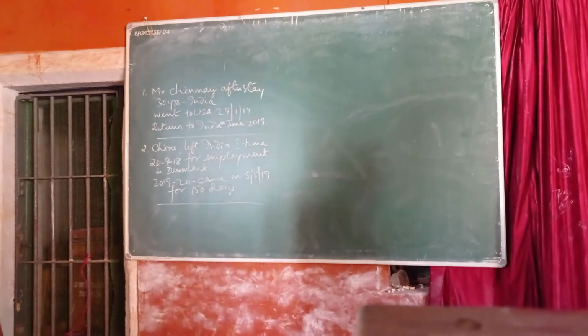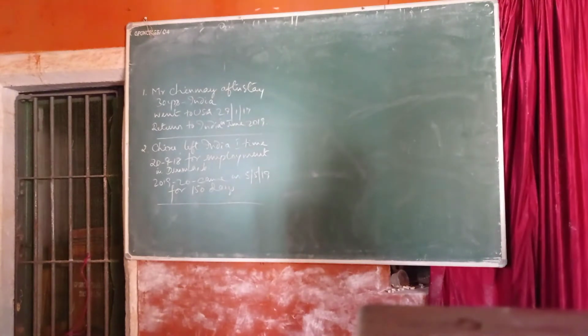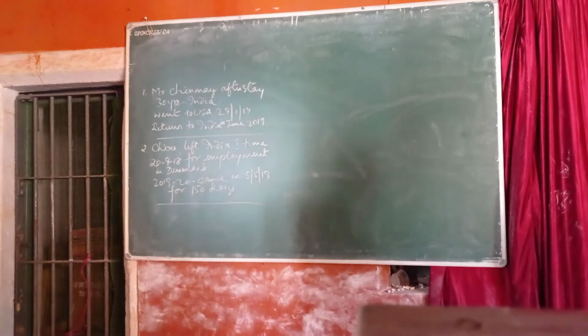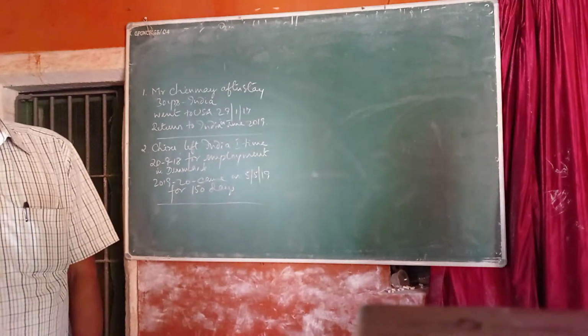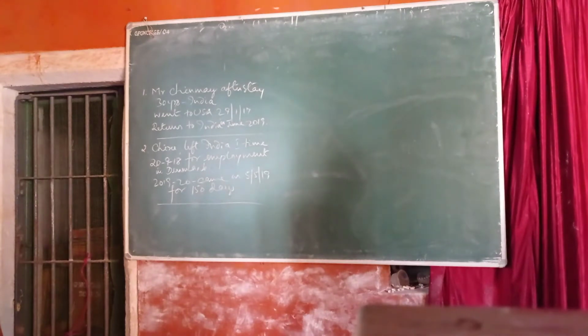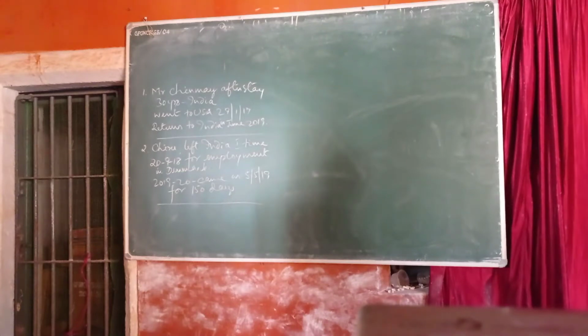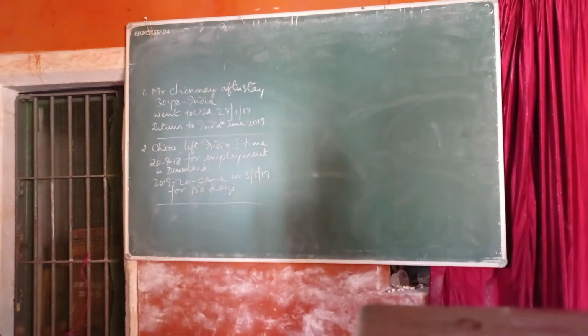Last class we had studied the resident status, that is, the determination of resident status of an individual. The individual may be ordinary resident, not ordinary resident, or non-resident. If the individual satisfies the basic conditions, he is called a resident.